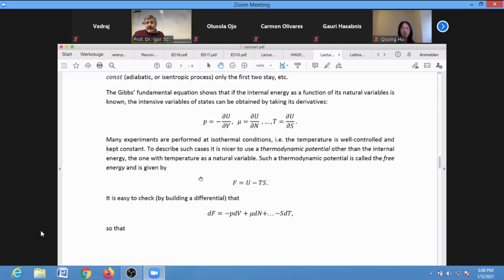And then in principle, we will not do it, but you definitely learned about this in thermodynamics. I can make similar transformations with other variables. For example, I can exchange V as a natural variable for P by adding PV to U, and then I get another thermodynamical potential, H equal to U plus PV.